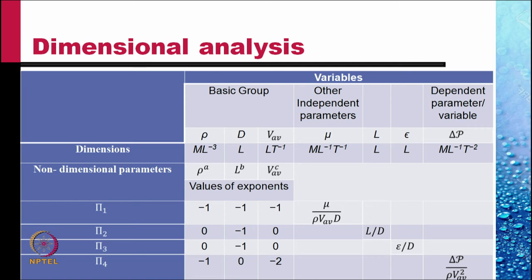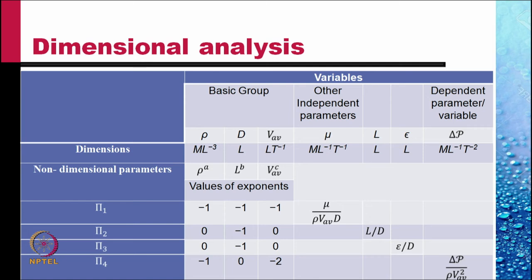There are 3 dimensions involved, M, L, and T here, and so we choose 3 independent parameters as the basic group, and rho, d, V average involve all these 3 dimensions and do not form any non-dimensional parameter amongst themselves.